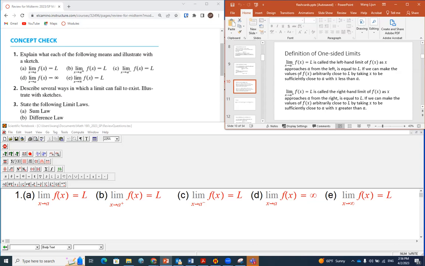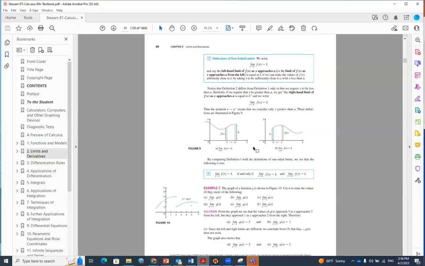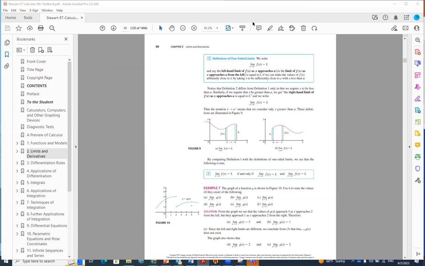If we can make the value of f of x arbitrarily close to L by taking x to be sufficiently close to A with x less than A. There's some pretty good pictures in the textbook when x is approaching A. This is the textbook, the picture when x is approaching A from left, when x is approaching A from right. Okay, so along with that limit.